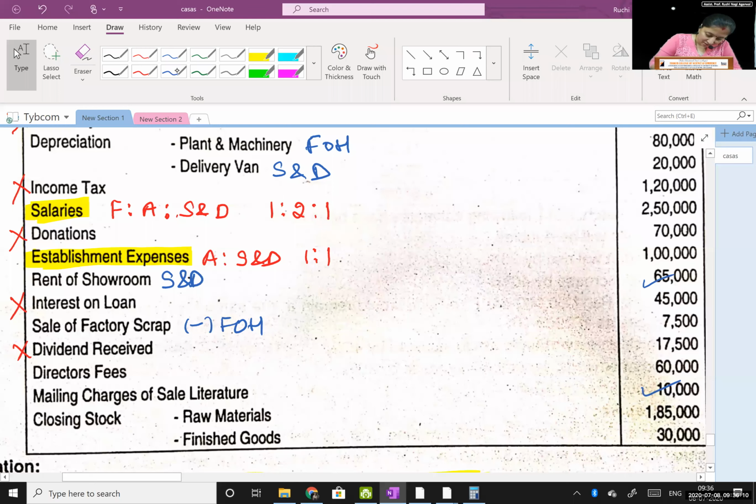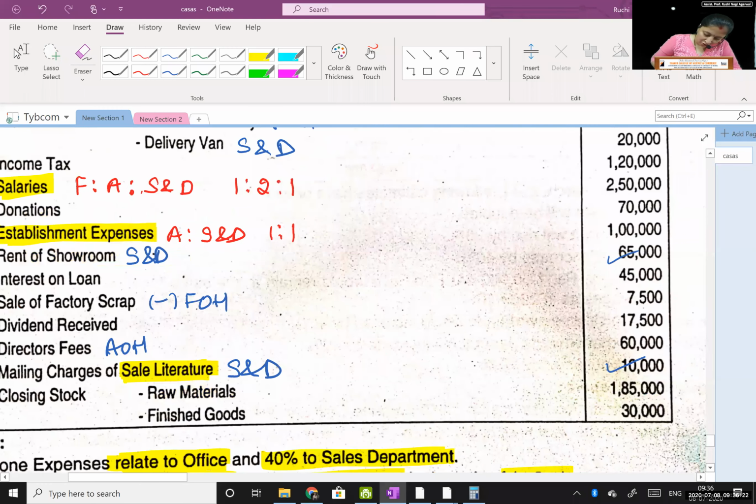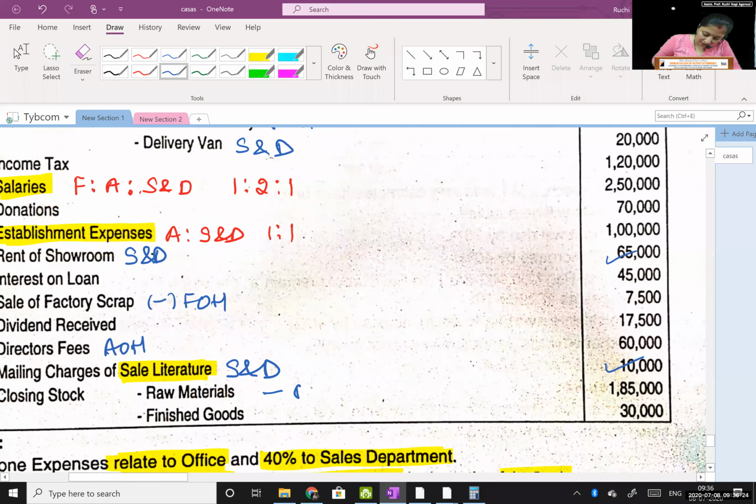Directors fees, admin overheads. Mailing charges of sales literature is in connection to sales, so it is selling and distribution. Closing stock of raw material is less from direct material, and closing stock of finished goods is less from cost of production.